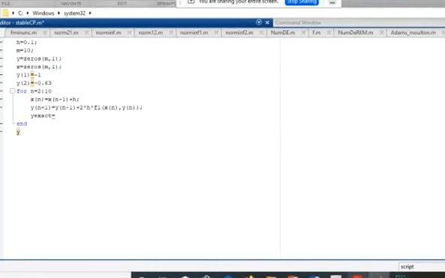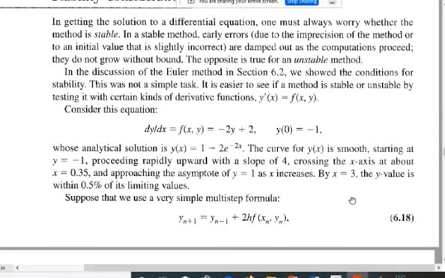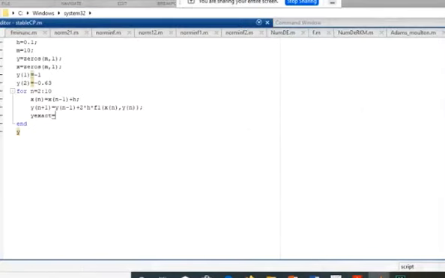How can we compute that? We know the analytical solution: 1 minus 2 multiplied by exponential of minus 2x, with x at step n.